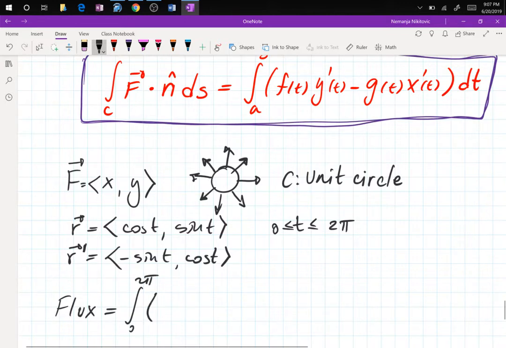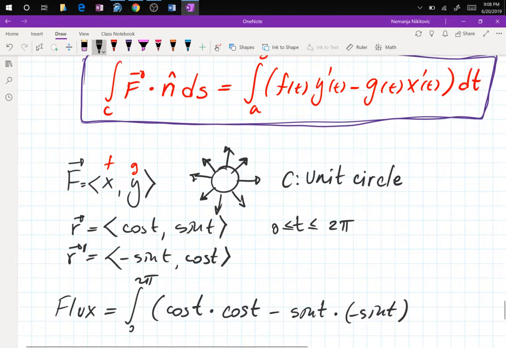My F, so these are my F and G. My F is X, but X is cosine T. Cosine T times Y prime, it's another cosine T, minus G, which is Y, and Y is sine T, and then times X prime, which is negative sine T, and everything dt.